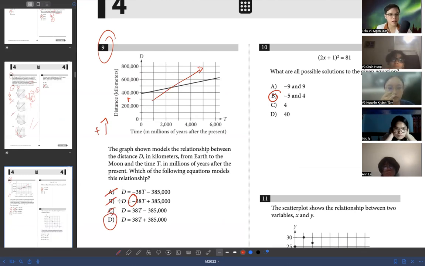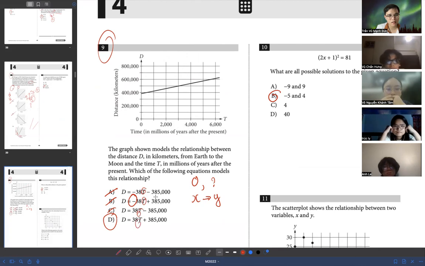Or else you're going to have to plug in. This is only if you don't know what to do: you plug in some special coordinates. For example, firstly you plug in 0 for x and find y. You'll have y being minus this, plus this, minus this, plus this, and you can see y is clearly a positive integer.